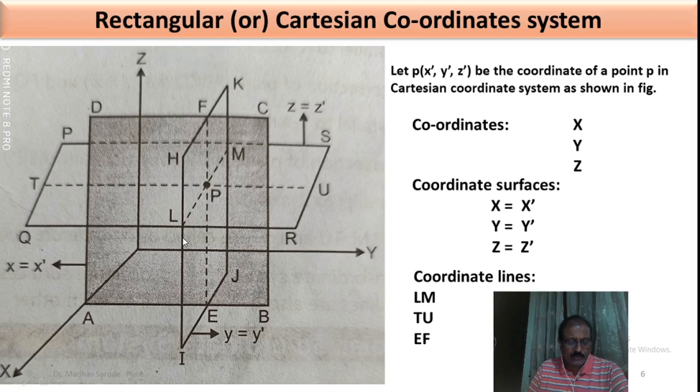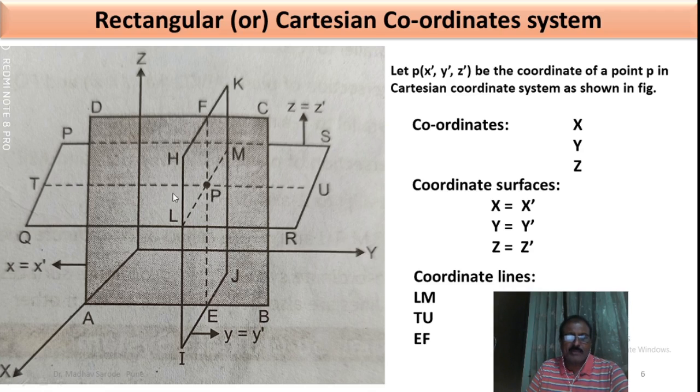The second coordinate line is TU. TU is parallel to the y-axis, and the intersection is at this point P. TU is another coordinate line, and the third is EF, the dotted line.